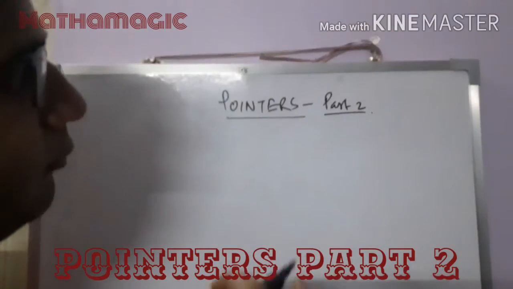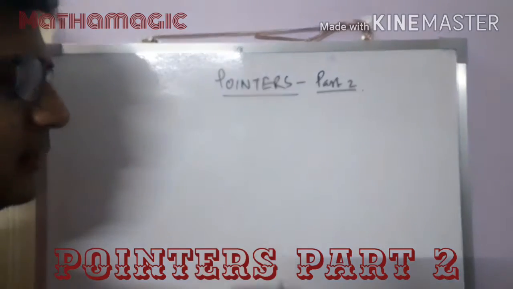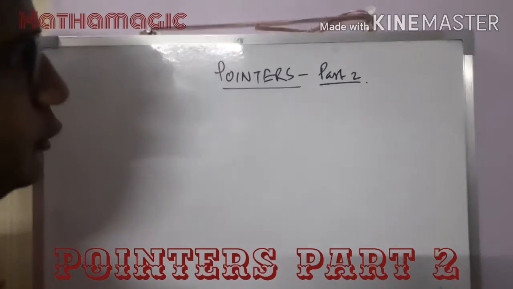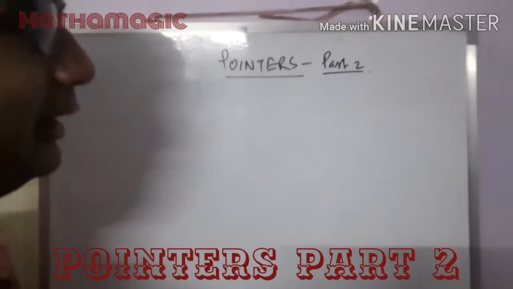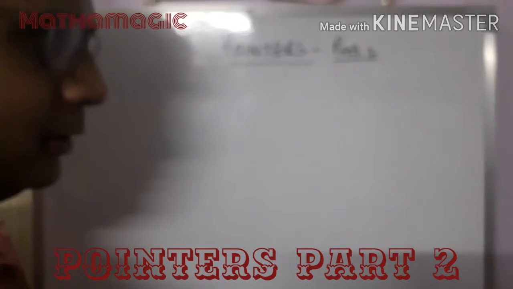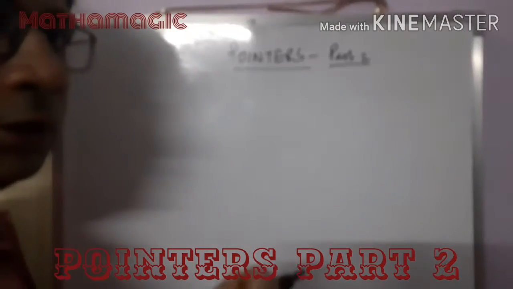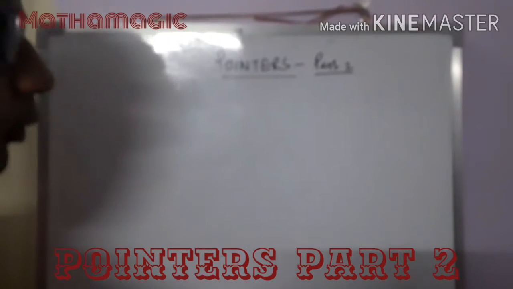We'll just go through a quick recap: a pointer is a type of variable which stores the address of another variable. That other variable could be of integer type, float type, or character type. Any type of variable could be pointed to by the pointer variable.